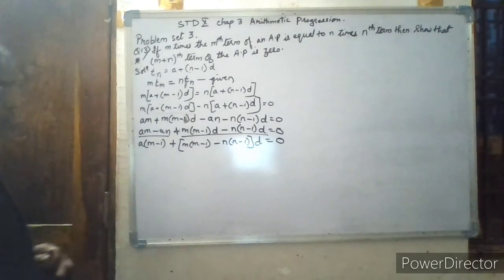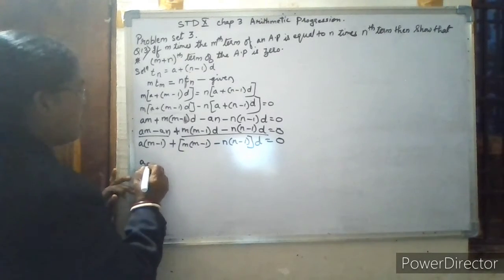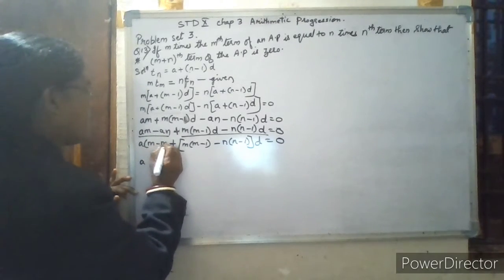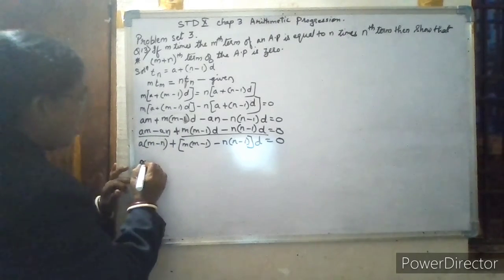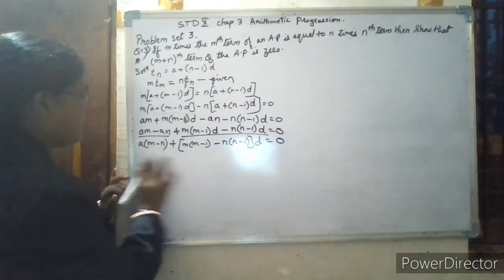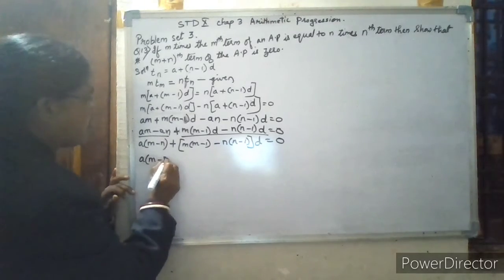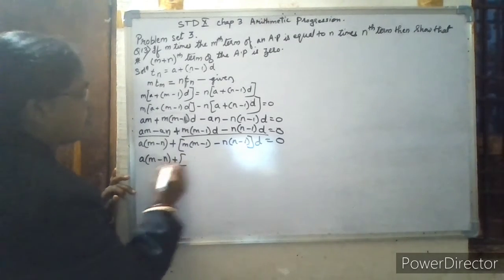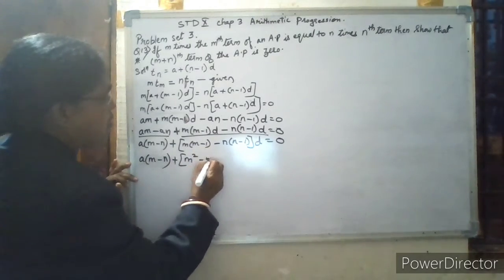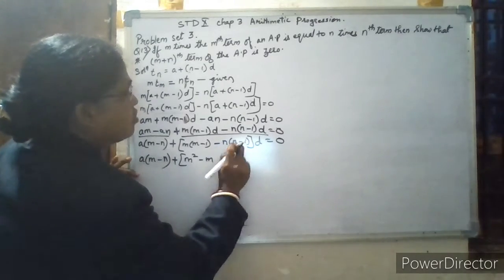Now let us multiply the brackets here. It is a into m minus n, plus in the bracket here, m square minus this bracket multiplied by m, minus n. Here also this bracket multiplied by n.